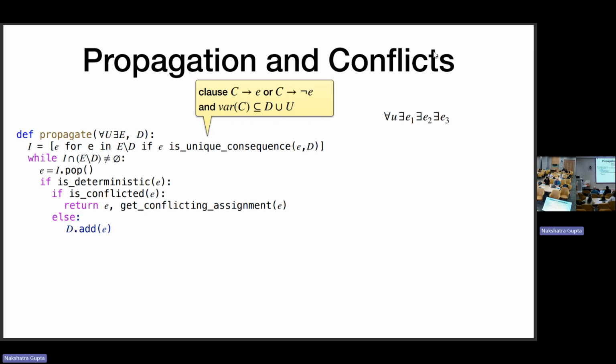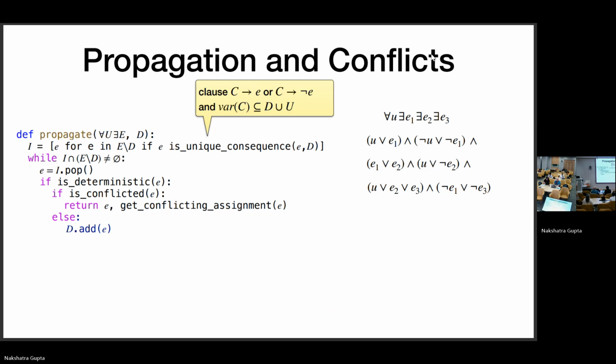So let's run through an example here. We only have one universally quantified variable and three existentially quantified variables, and these are our clauses. Let's look at the candidates where a variable is a unique consequence in the first iteration.